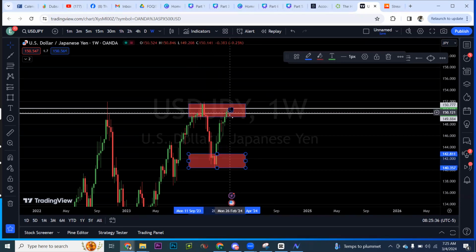So it can take weeks for price to drop this 800 pips. It could potentially take months. So 4 candles is a month. So it took a whole month for it to get down here. It took 2 months to get up here.